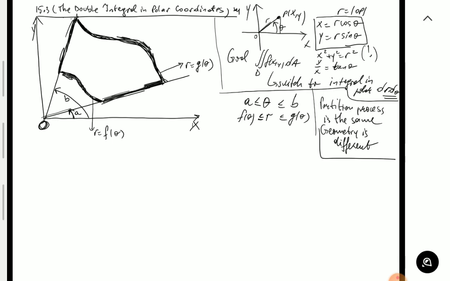It will result in non-overlapping patches with two straight lines and two curved lines as boundaries, which can be approximated by circles if the partition is fine enough. More to the point, and by the way, we're going to do this using a shortcut, because we're not going to waste time setting up the whole Riemann sum in all the details, just like we did in the case of Cartesian coordinates, because hopefully we know the drill by now.